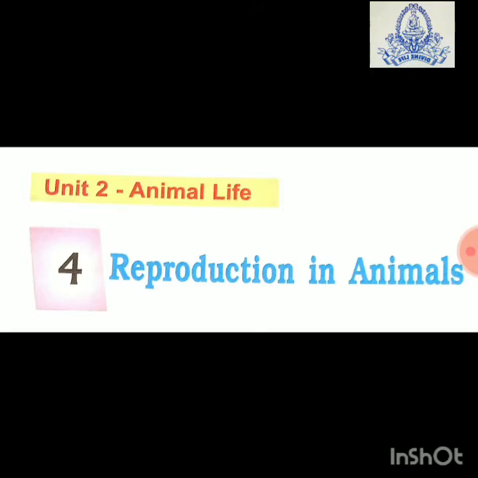For example, if dogs had not done the process of reproduction, the dogs would have gone extinct from the earth. Just like you must have known about the dinosaurs in earlier times. They went extinct from the earth due to some natural calamity, and another thing was that the reproduction system stopped among them.